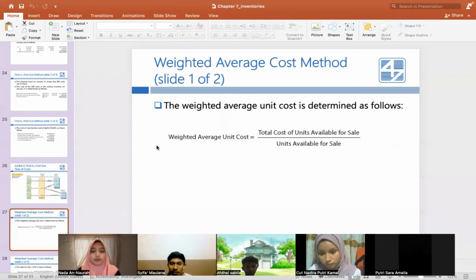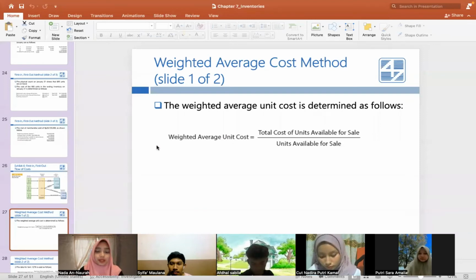Just now we learned about FIFO or first in, first out method.